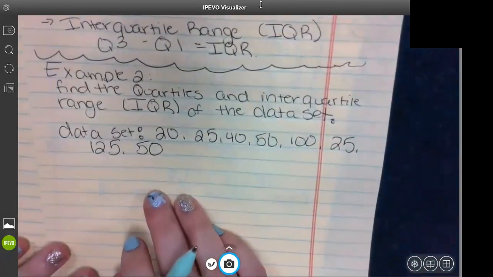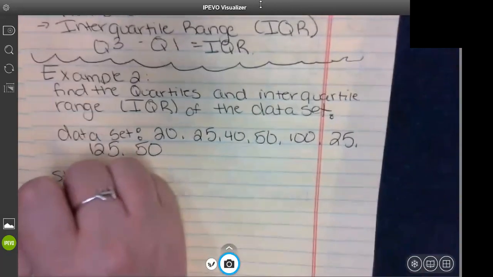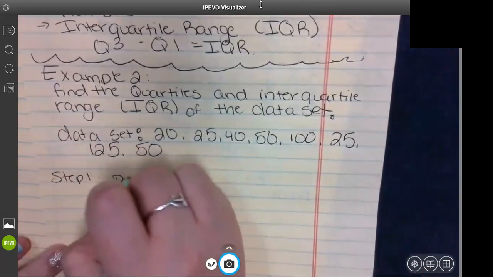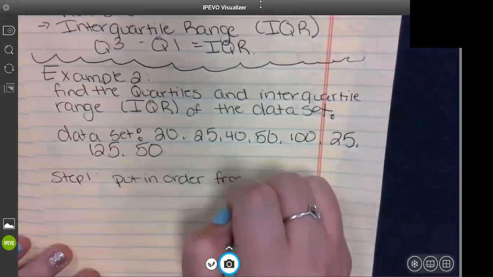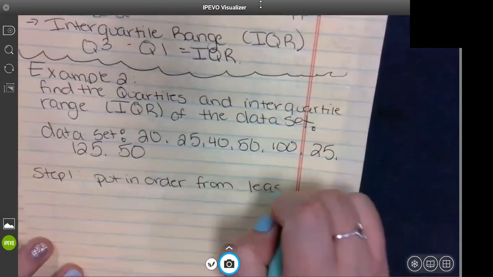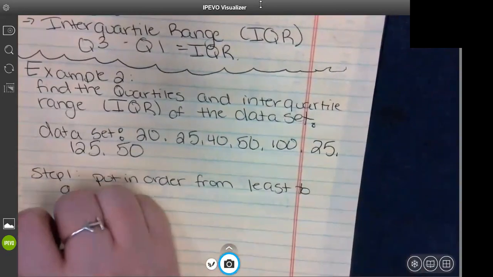in order from least to greatest. So step one, put in order from least to greatest.